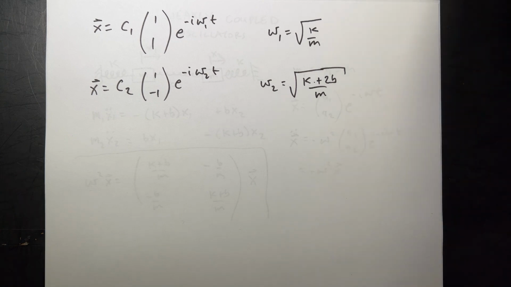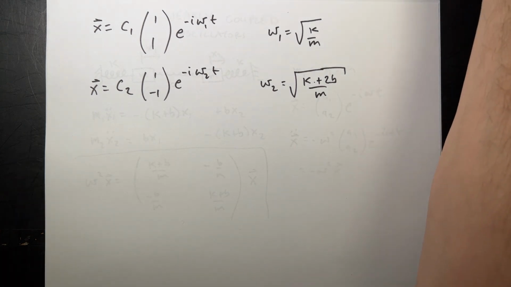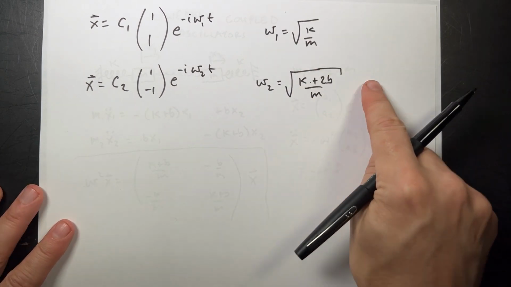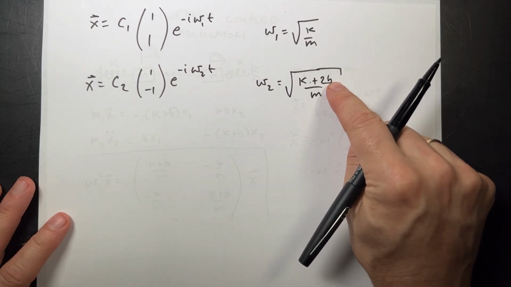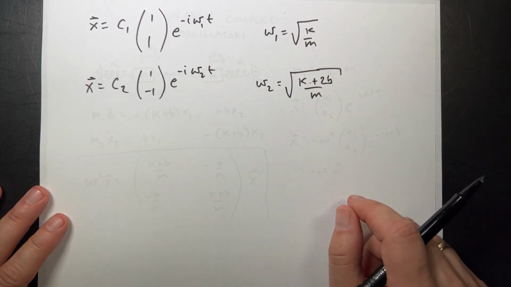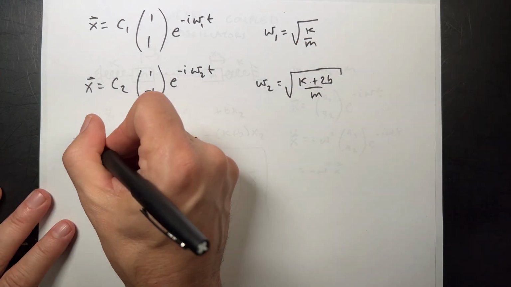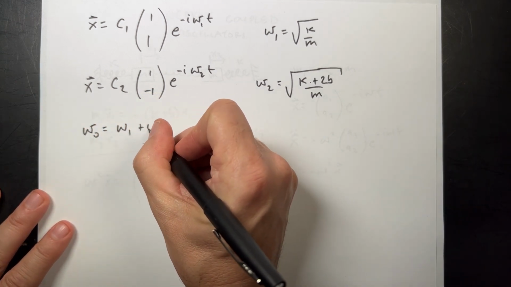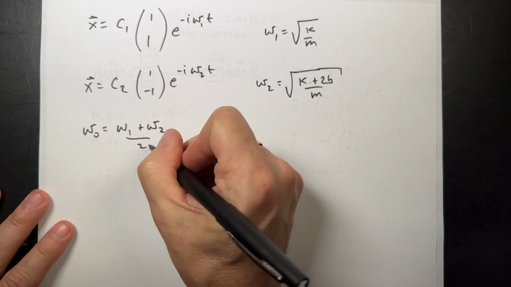Okay, so now what we want to do is to make the assumption that these two are very close frequencies. So if b is a very small spring constant, then omega 2 is very close to omega 1. And in fact, let's define omega 0 as omega 1 plus omega 2 over 2.